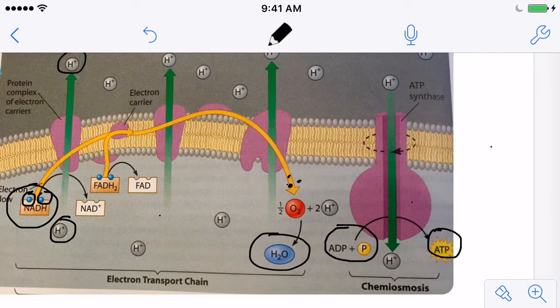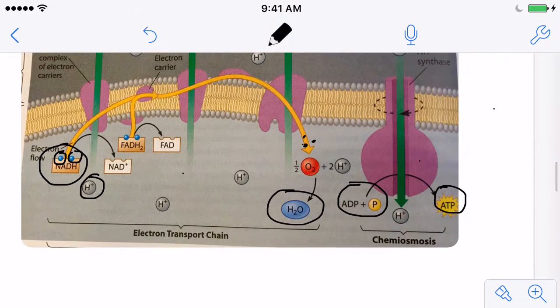Lastly, the reason why oxidative phosphorylation is called oxidative phosphorylation is because it is an aerobic process and it involves a reduction in electrons. And also it's confusing.